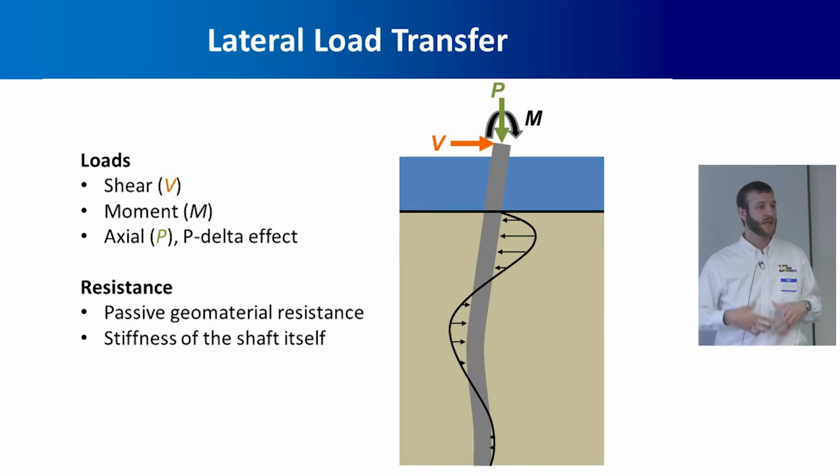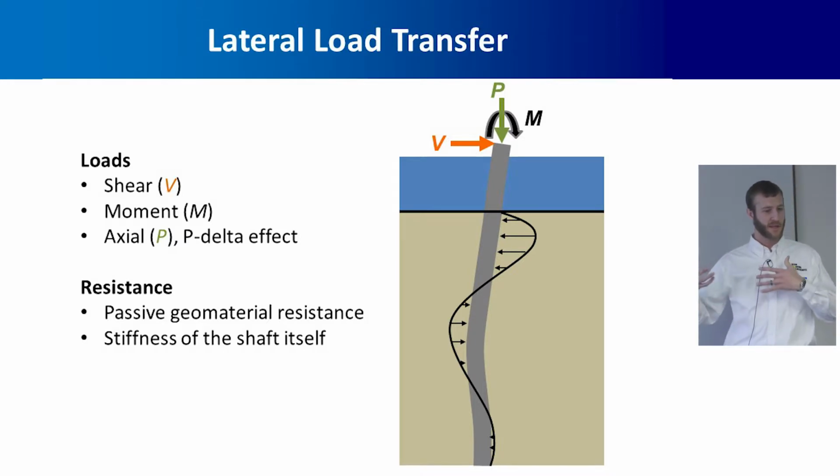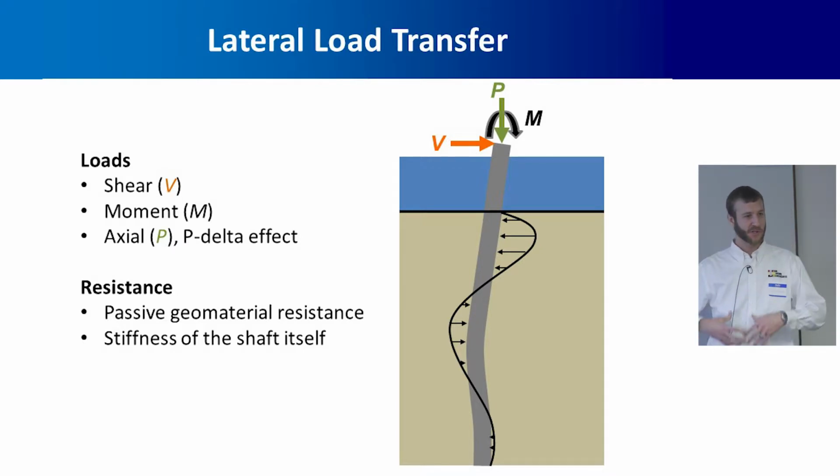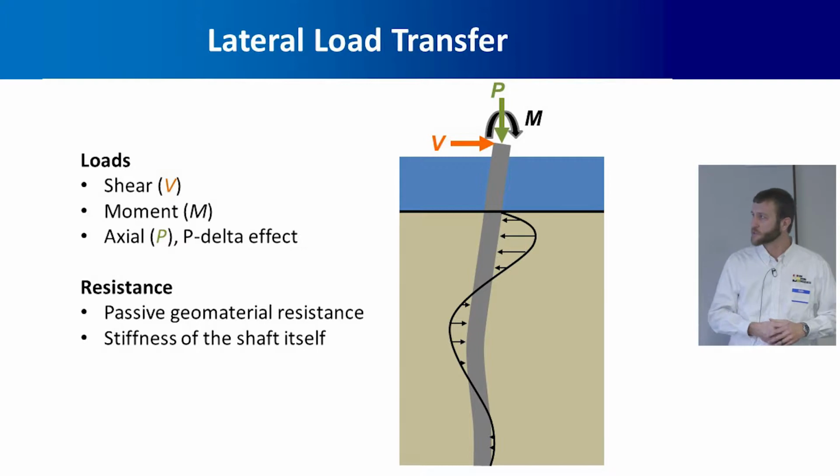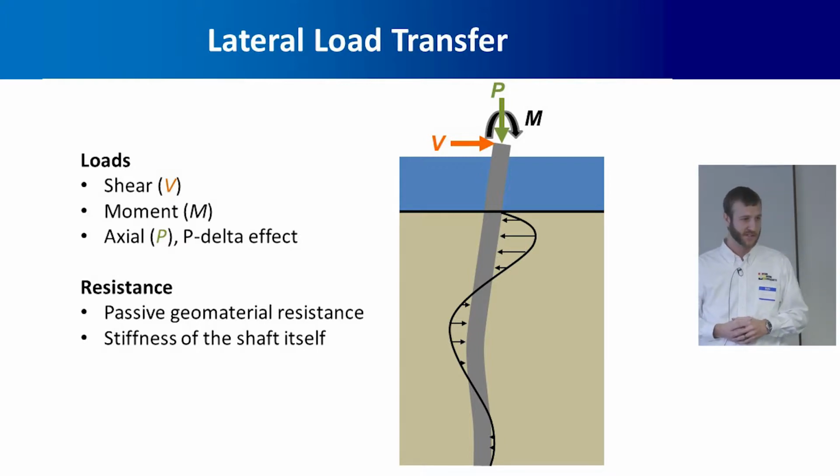So as I was saying, unlike the axial case where the strength of the material of the shaft doesn't have a big influence, the amount of reinforcement and the strength of the concrete do have an influence on the lateral resistance. So you're having to bend that element itself. So how rigid and stiff that element is also influences the lateral resistance.